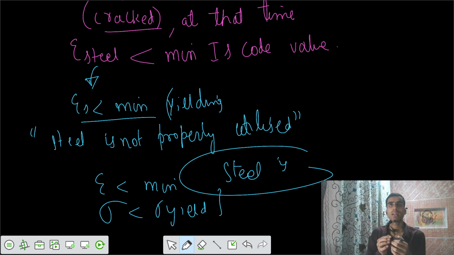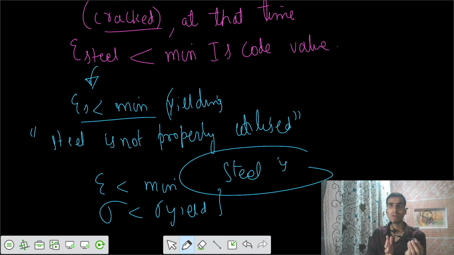But even when I place the steel in the section, my steel is not going to be properly utilized. Still, our material is not being utilized.